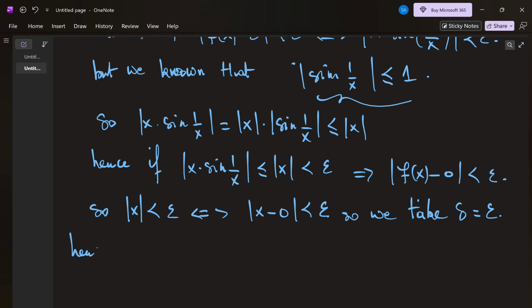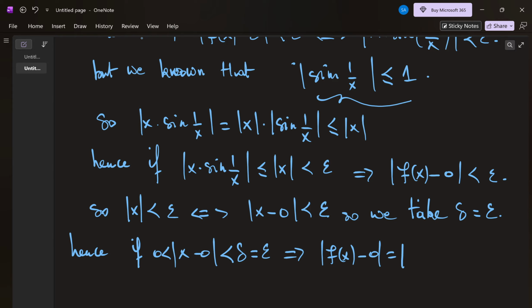Hence, if x minus 0 is less than delta, which is in this case equal to epsilon, then f of x minus 0, which is equal to x sine 1 over x, is less than or equal to the absolute value of x, which is less than epsilon.